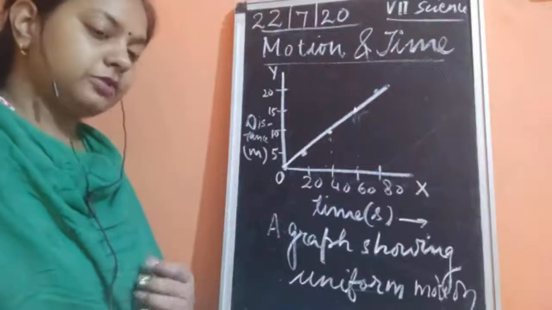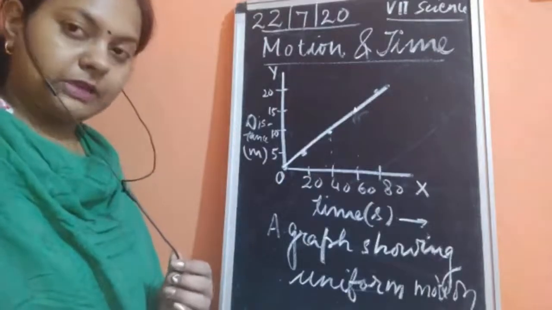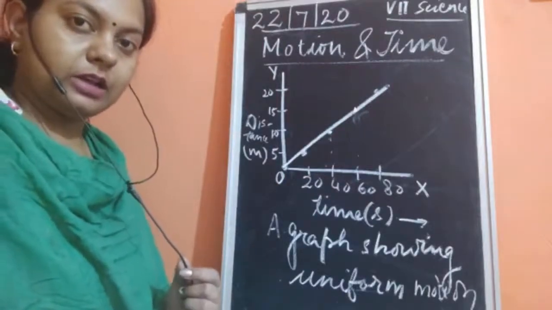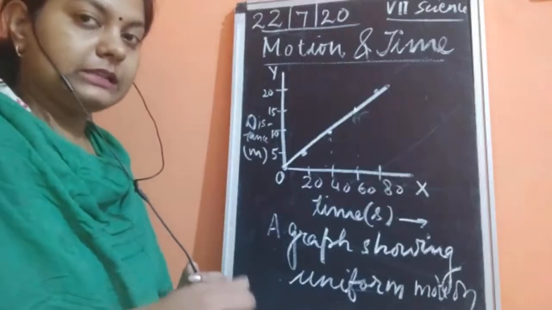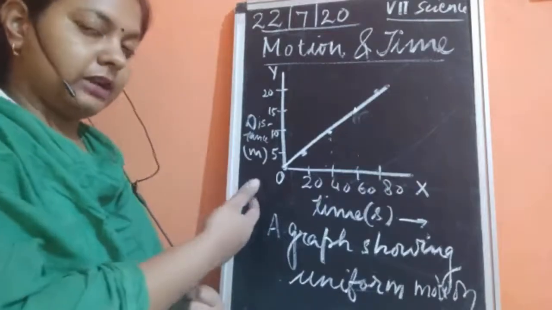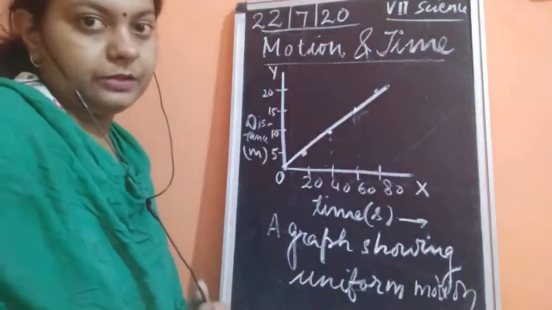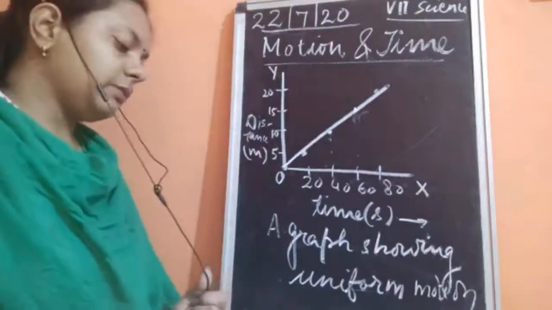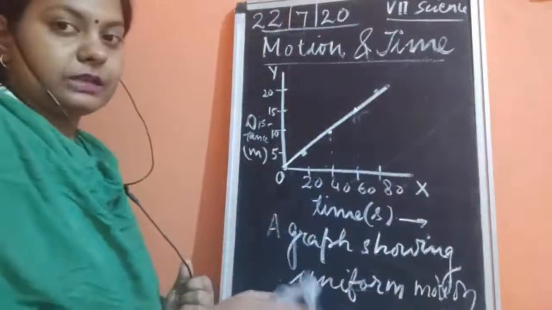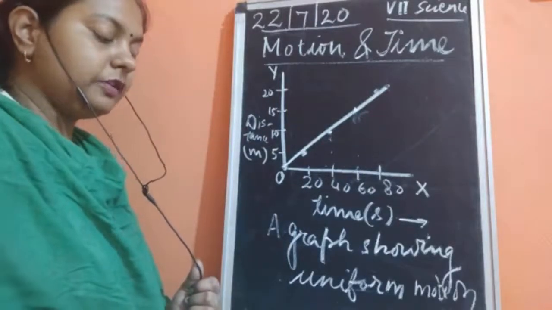So the motion given by this graph is always uniform motion, and the speed we calculate will be the uniform speed.